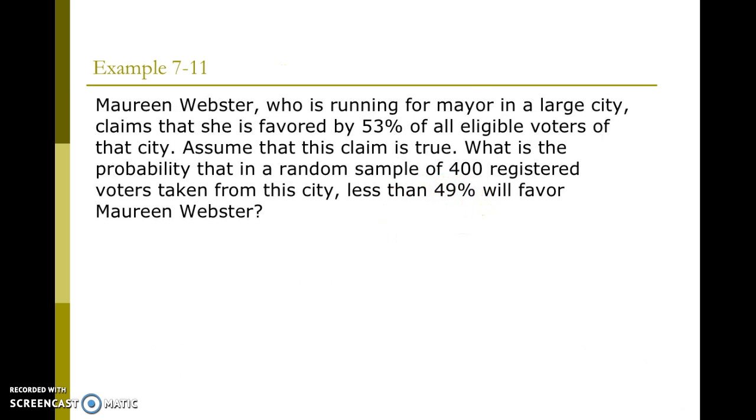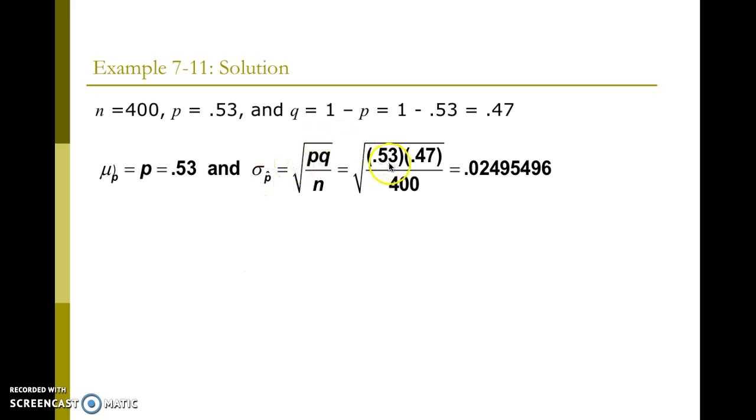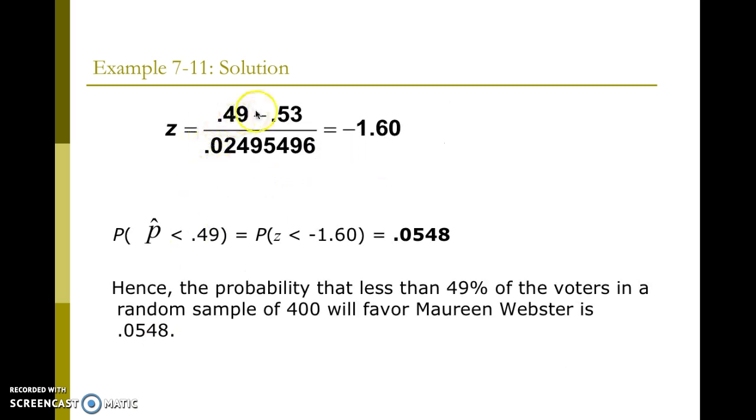We want to know less than 49%, so 0.49 minus p, which is 0.53, divided by our standard deviation of p hat. It's negative 1.60. So we want to find the probability that z is less than negative 1.60.